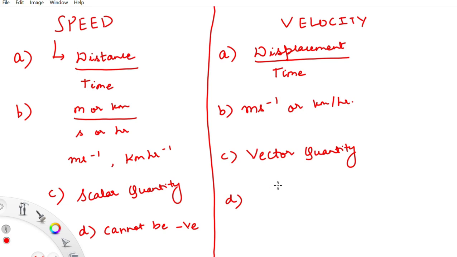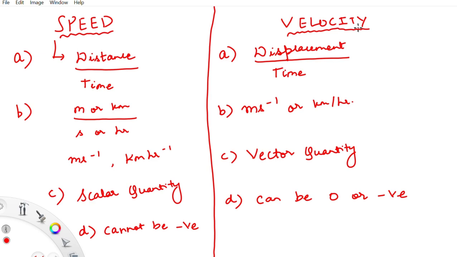It can also be negative. So, velocity can be zero or it can have negative values or values lesser than zero. So this is the difference between speed and velocity.